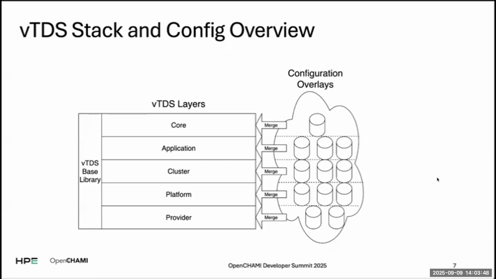So looking at the layers themselves, let's look first at the core. When the core is invoked, you type something like VTDS deploy, for example, to deploy your VTDS system. All that exists at that moment is the core itself.